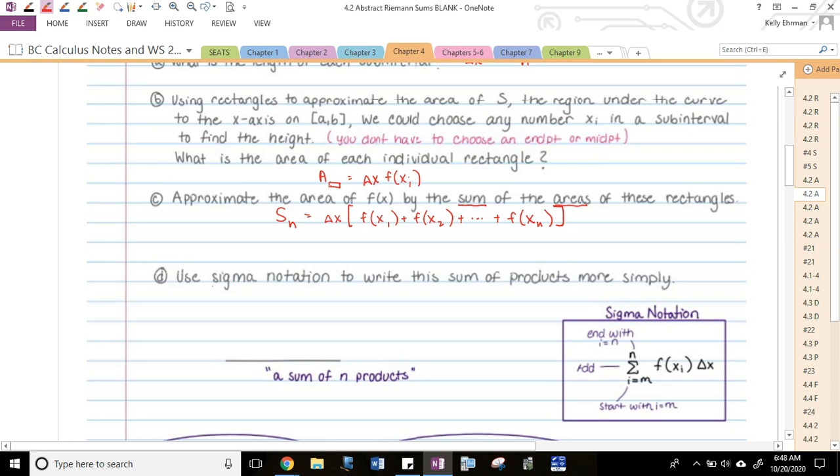Use sigma notation, we get to use a Greek letter, to write the sum of products more simply. So instead of writing it out, especially if this is like 100 terms long, we wouldn't want to write all of that out. And the dot, dot, dot isn't really good enough. So we would say S sub n is equal to the sum, here's a capital sigma, it kind of looks like an E, of delta x times f of x sub i.